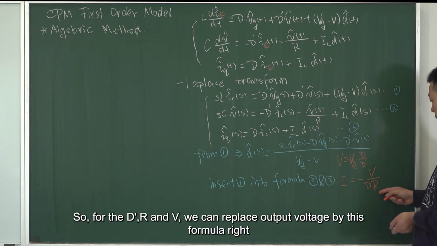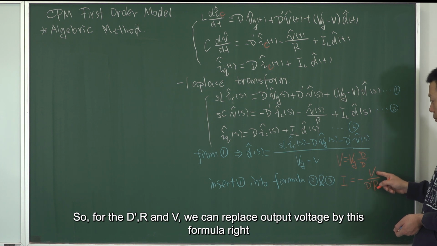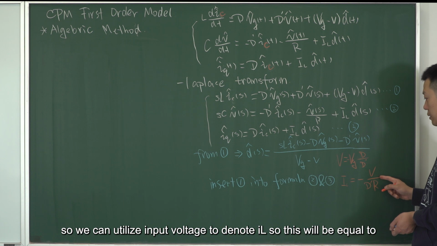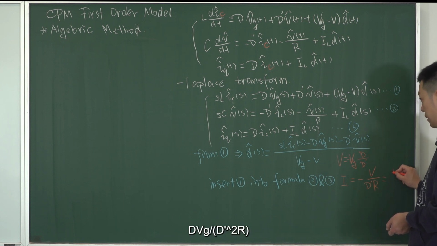So for D prime resistance and the output voltage, we can replace output voltage by this formula, right? So we can utilize input voltage to denote IL. So this will be equal to D over D prime square R times input voltage.